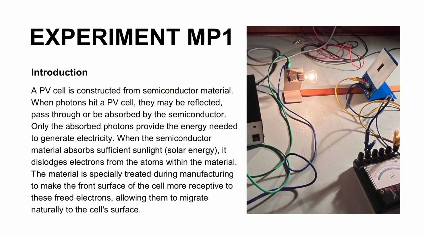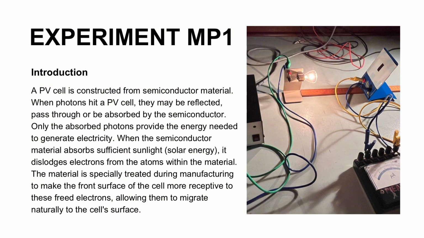Therefore, only the absorbed photons will provide the energy needed to generate electricity. When the semiconductor material absorbs sufficient sunlight, or I would say solar energy, it will dislodge electrons from the atoms within the material.